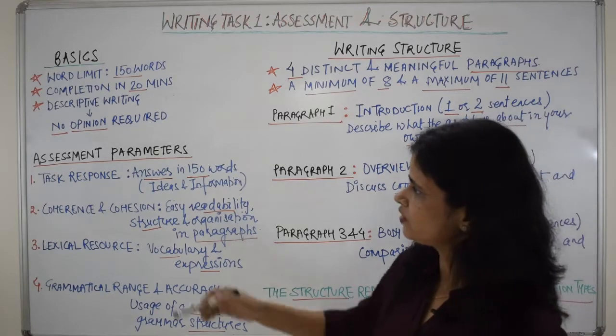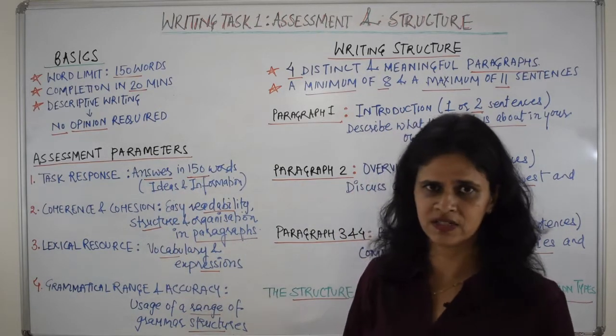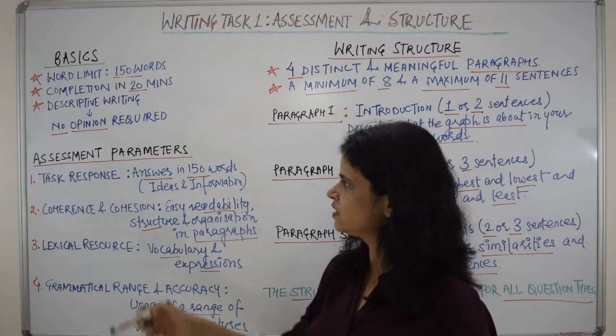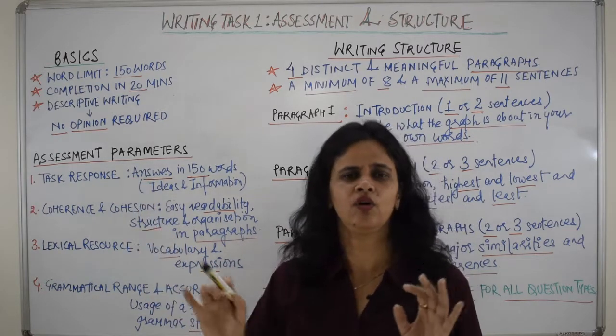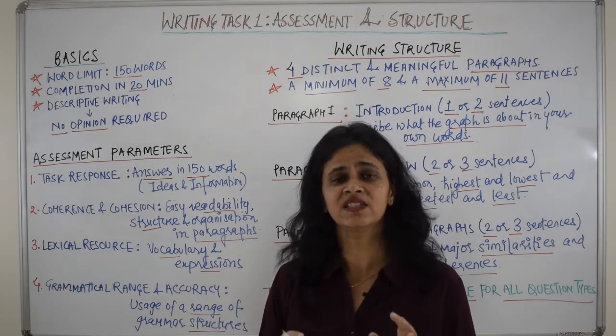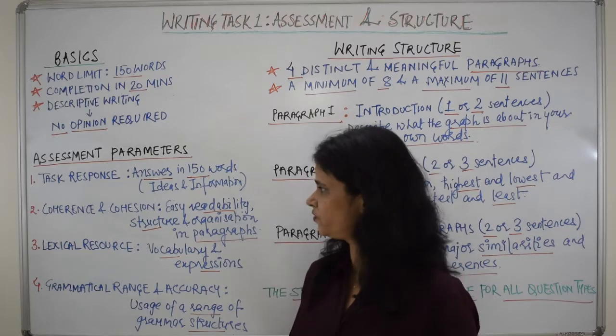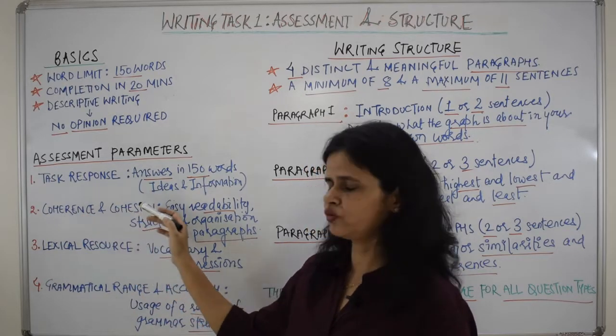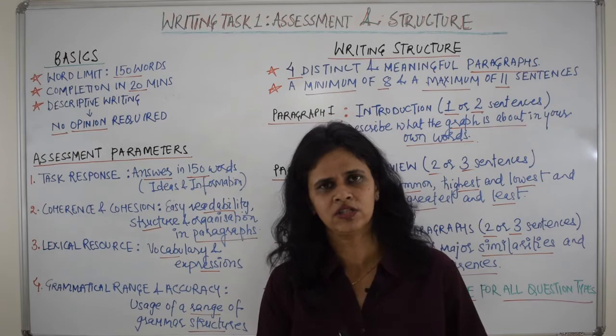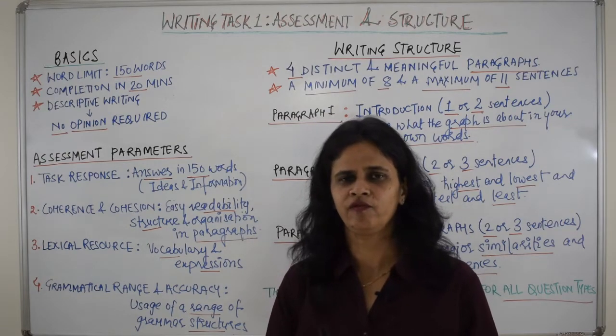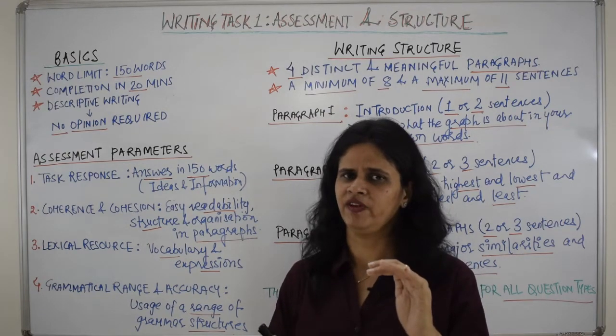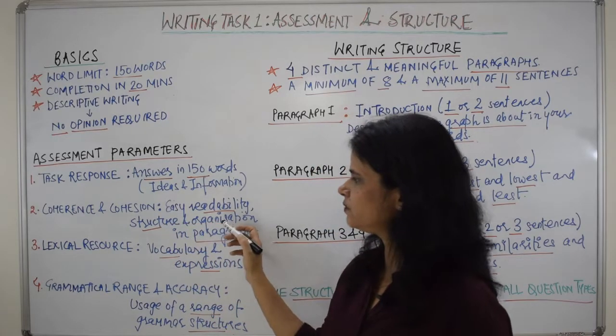Now, having talked about the assessment parameters, let me just revise task response, whether or not you are able to answer your question well in 150 words. Coherence and cohesion, whether or not your essay is in flow, your paragraphs are well formed and it is easily readable.